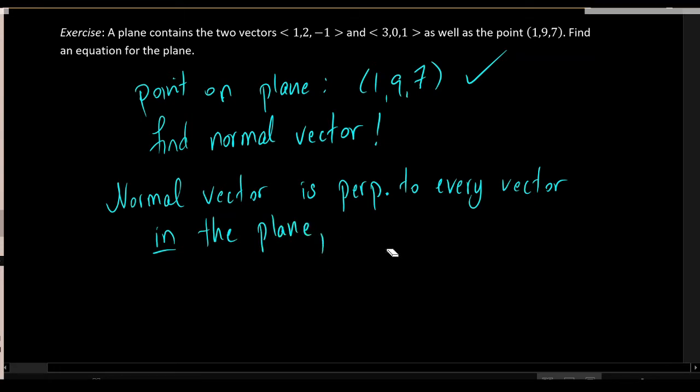In particular, though, since we are given the vectors 1, 2, minus 1, and 3, 0, 1, we know for sure that the normal vector has to be perpendicular to those two vectors precisely.